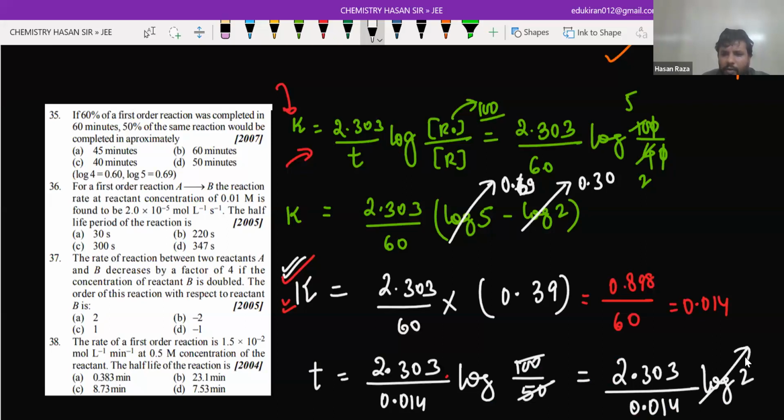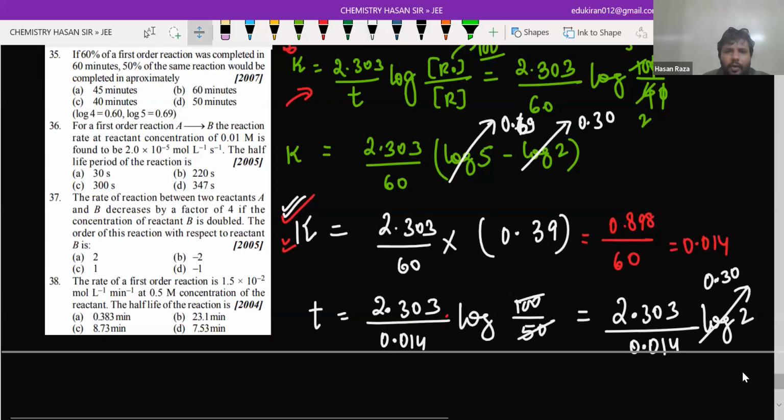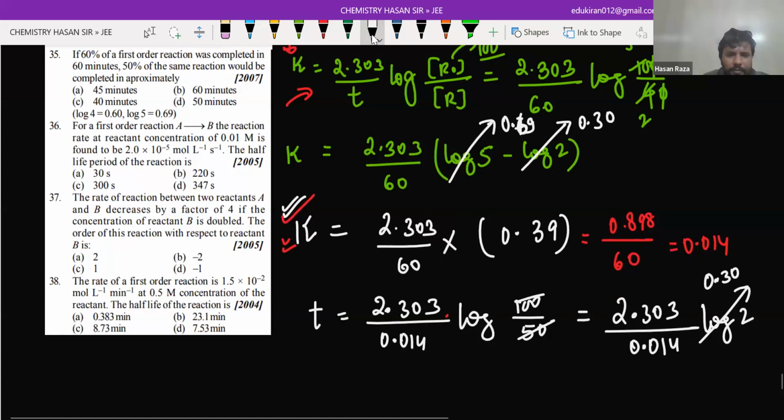Log 2, that means 0.30, right? Okay, that means I was correct. If you solve this, it becomes 2.303 into 0.30, divided by 0.014. Okay, 49.5 you will get.